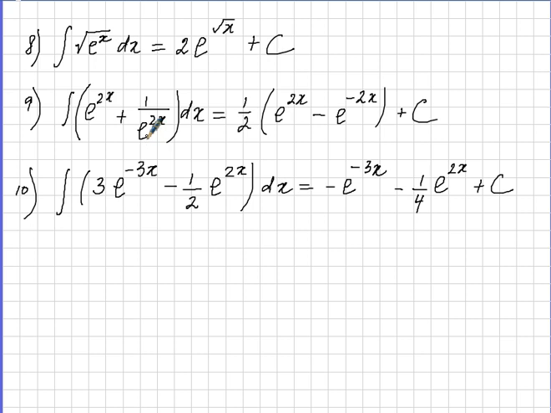In this example, don't forget to change 1 over e to the power of 2x to e to the negative 2x. That's how we are getting minus here, minus 2x then. Alright, and there is nothing really new in the last example, only remember that the integral of a difference is going to be the difference of two integrals, and so you integrate each of them separately.